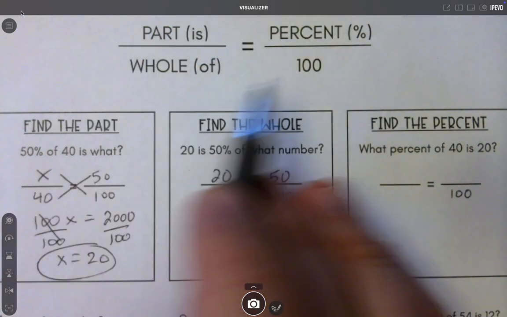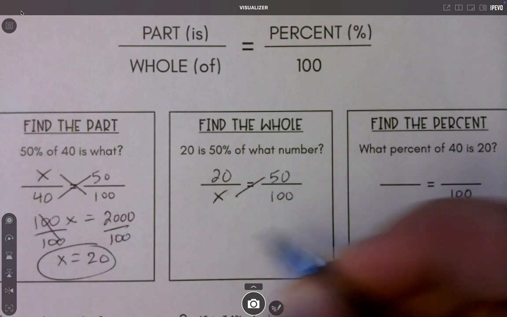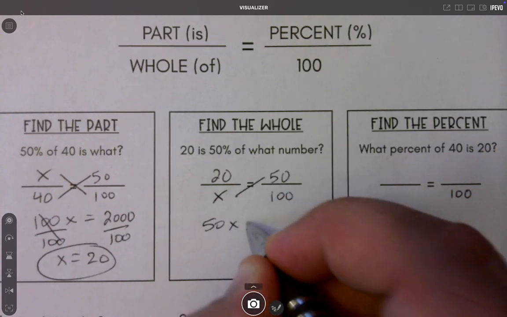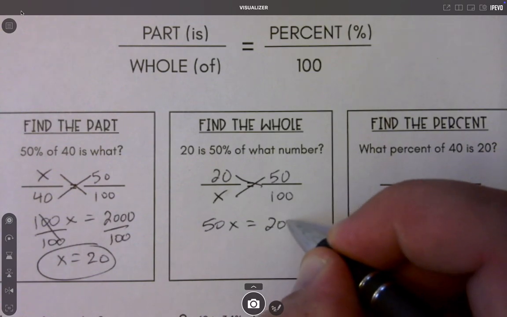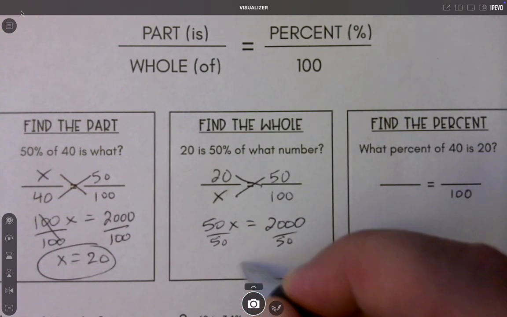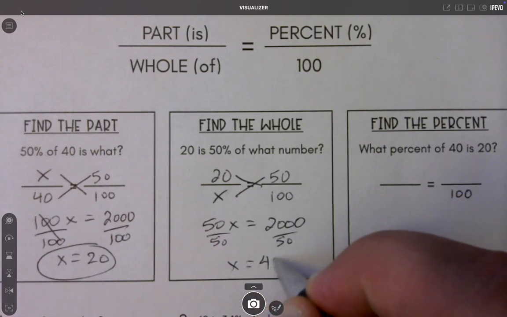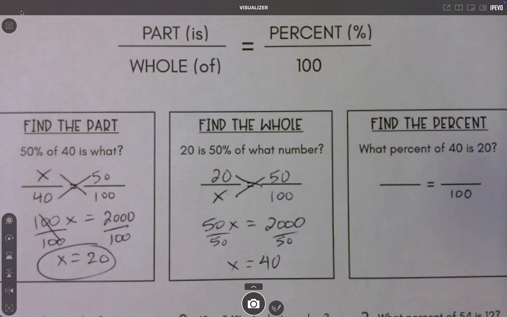You can use this method no matter which of these three is the variable. So we cross multiply 50 times X. 20 times 100 is 2,000. Divide both sides by 50. We get X equals 40. So 20 is 50% of 40.